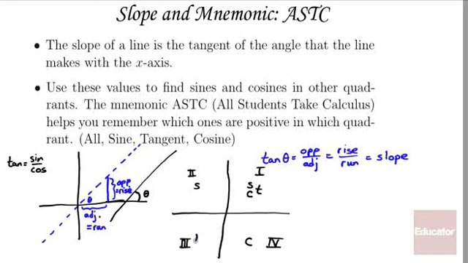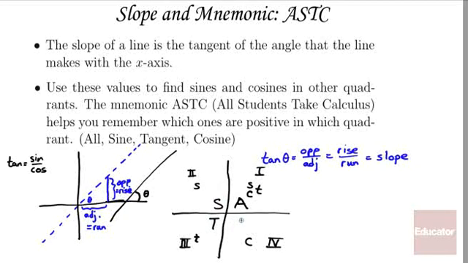Tangent is positive in the third quadrant because both sine and cosine are negative. And tangent is negative in the fourth quadrant because cosine is positive but sine is negative. So if you put these together, tangent is positive in the first and third quadrants, negative in the second and fourth, which is kind of the origin of this mnemonic that you can use to remember.